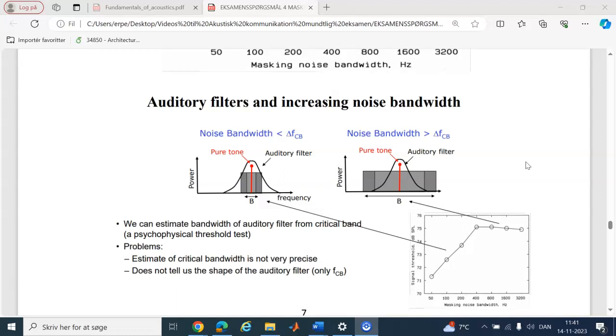And if the noise bandwidth is bigger than the critical bandwidth, then there's a constant threshold.